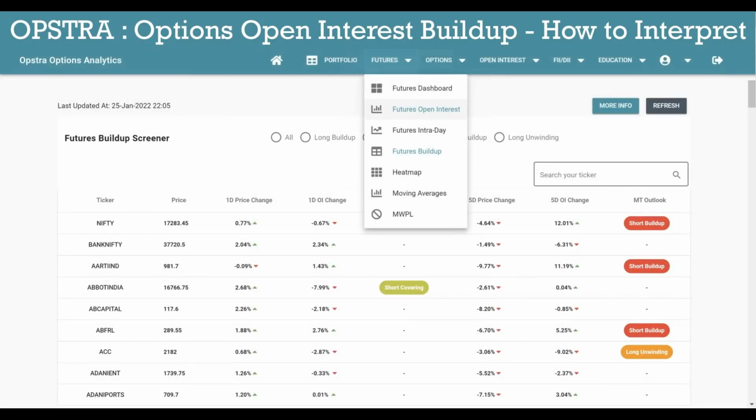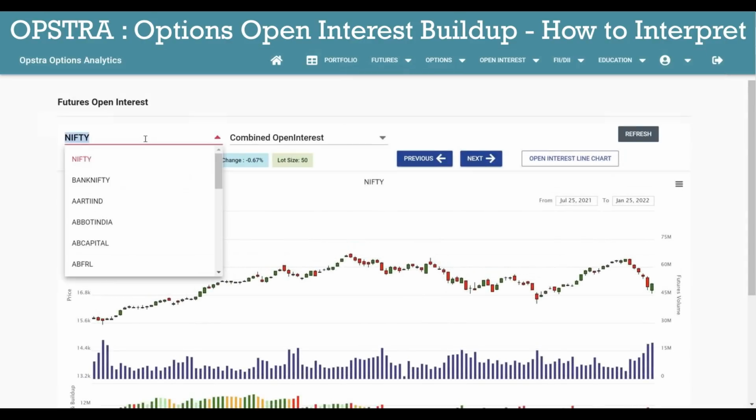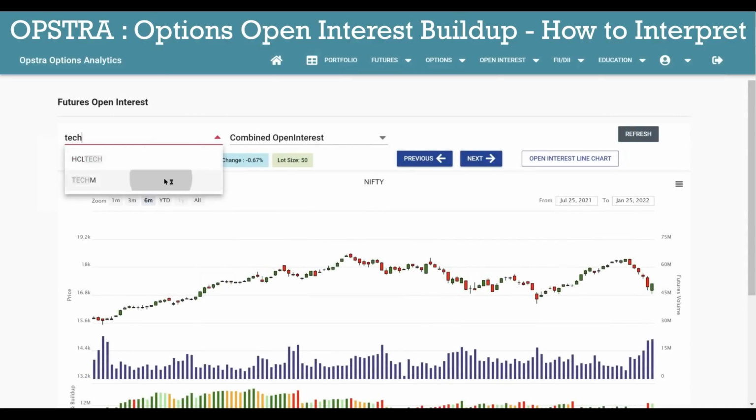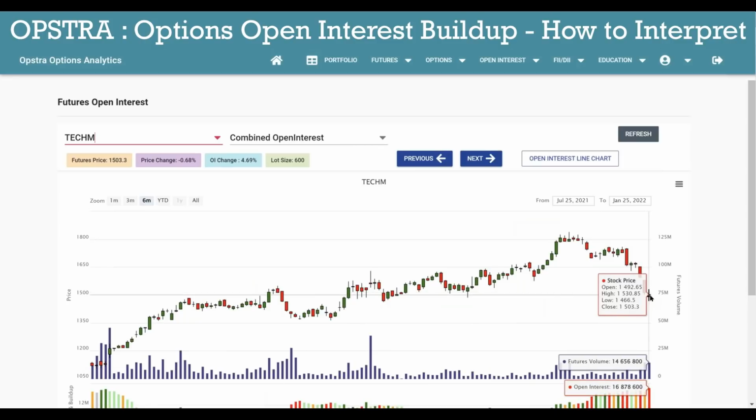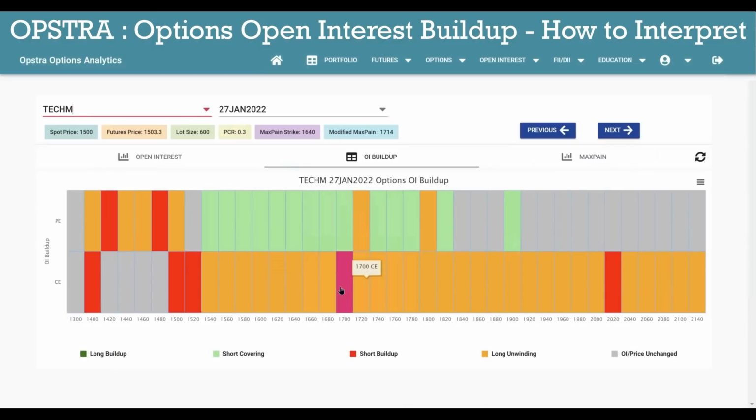If you go back and look at the price action of Tech Mahindra, the price action is not good. Though here it is a slightly green candle, the open interest is still not giving any confidence.